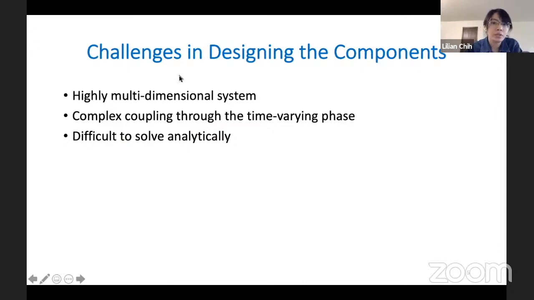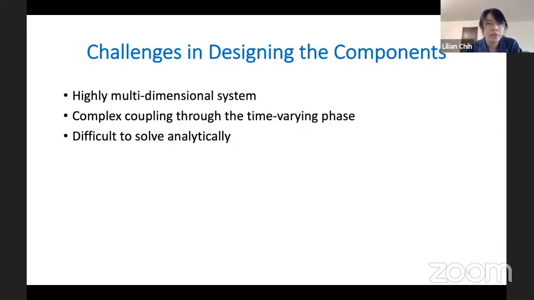There are a few challenges in designing the components. One is that our system is highly multidimensional, meaning that it involves multiple momentum states. And all these momentum states can be coupled together by the lattice.